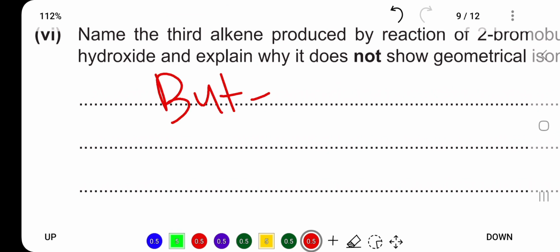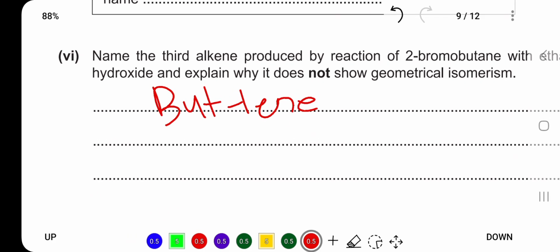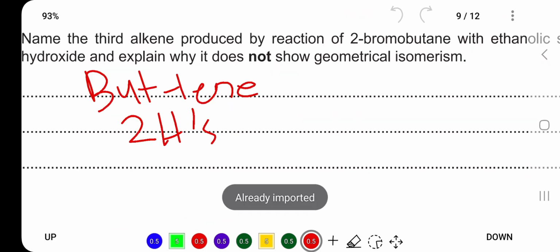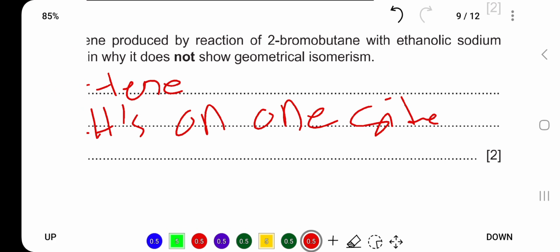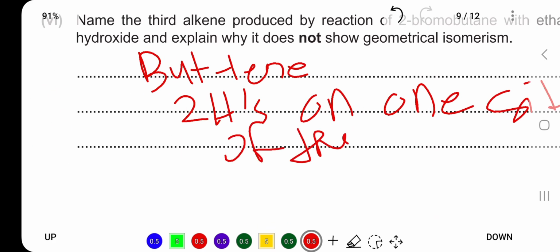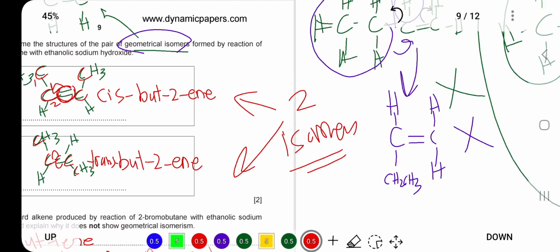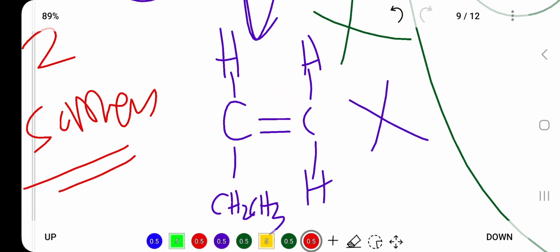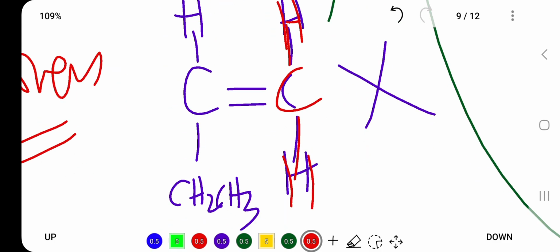Now, but-1-ene is what does not work as a geometrical isomer. Why? Because there are 2 H's on one side of the double bond. So in geometrical isomers, you should not have a carbon with the exact same thing on the left or right, so it won't work.